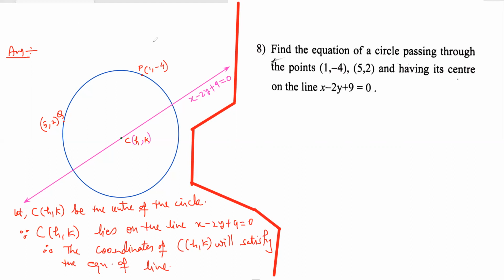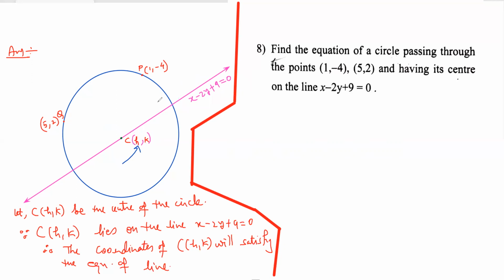What are the coordinates of the point? h comma k are the coordinates of this point, and this point is lying on this line whose equation is this. So in this line where I have x, I can put h, and where I have y, I can put k. Got that?